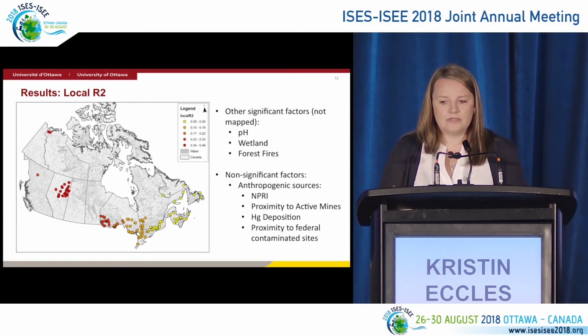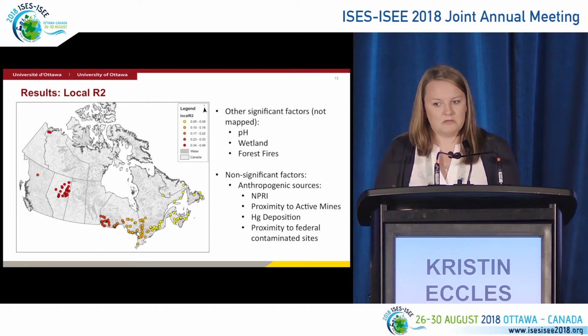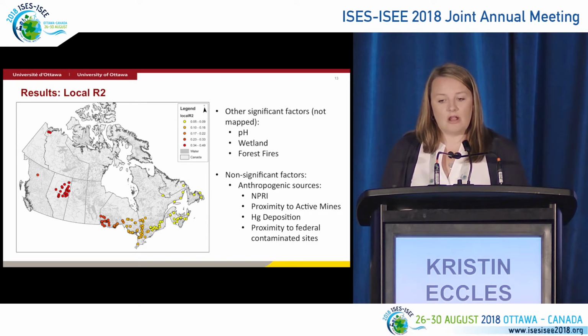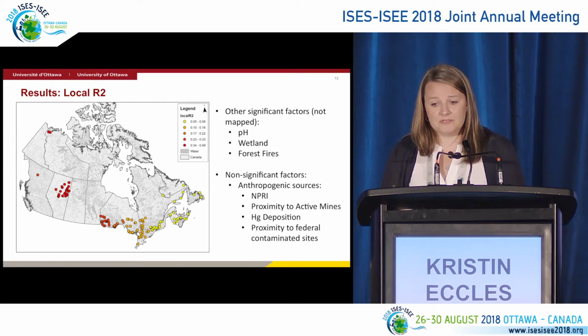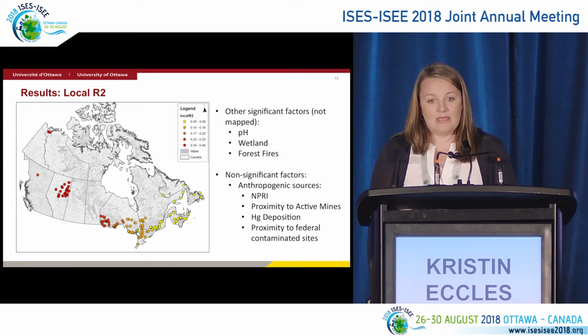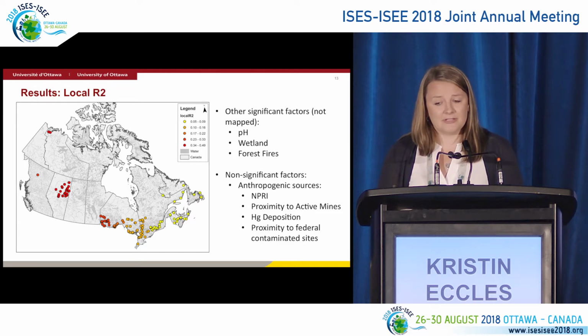I'd also tried to include anthropogenic sources in the model, including MPRI and proximity to active mines, but these did not show up as significant. Here our local R-squared ranges from about 5% to upwards of 50%. We can see that our model predicts relatively well in more Western Canada, but predicts pretty poorly in Eastern Canada.